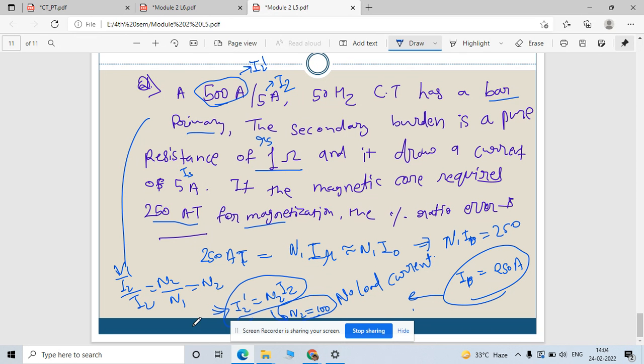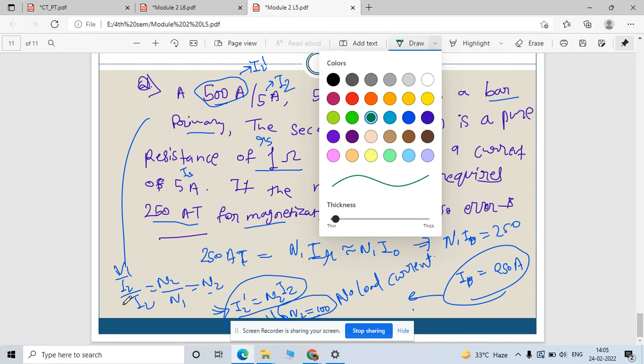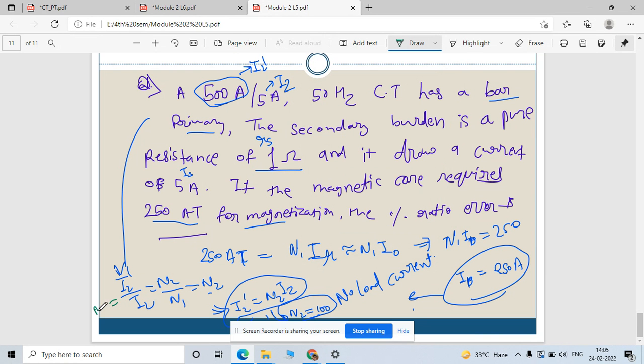Okay, this N2 is a nominal ratio because N2 is equal to this. So this is nothing but your nominal ratio, which is the rated primary current upon rated secondary current. Okay, nominal ratio का formula क्या है? This is the nominal ratio, NR, right? Rated primary current divided by rated secondary current is nothing but your nominal ratio.